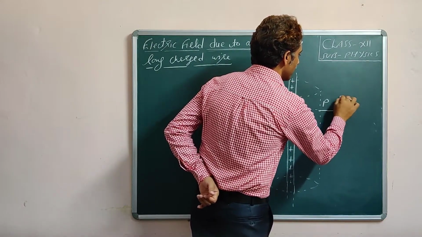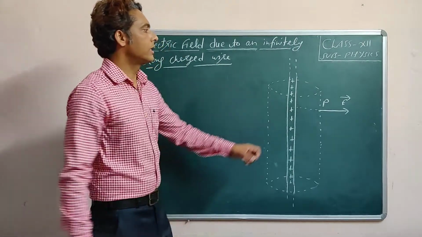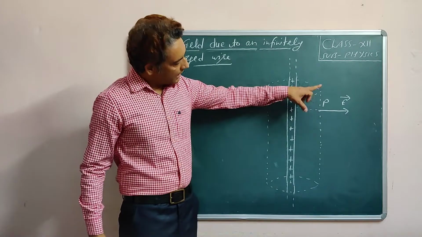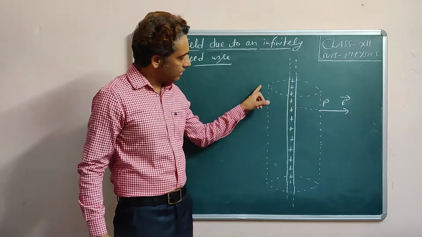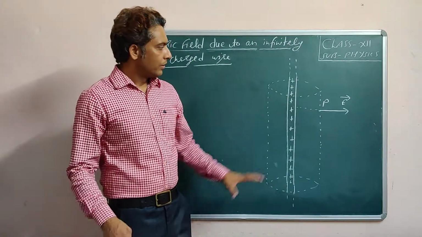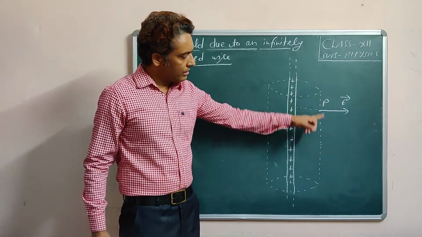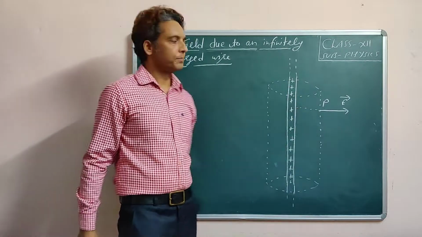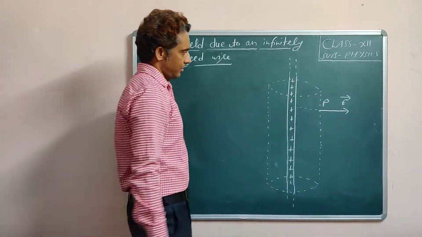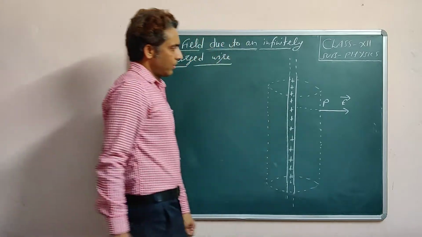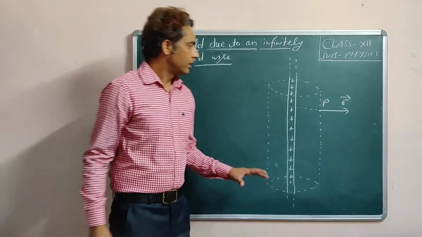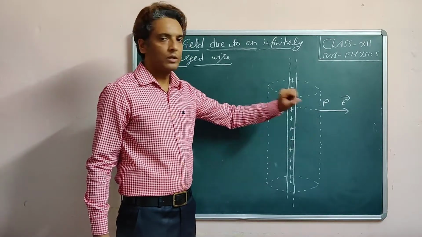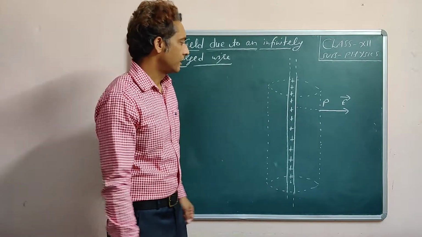This is the direction of electric field, where E is the magnitude of electric field intensity at this point or at all points on this curved surface. At all points on this curved surface, the magnitude of electric field intensity will be same. So now we have to calculate the net electric flux through this Gaussian surface.